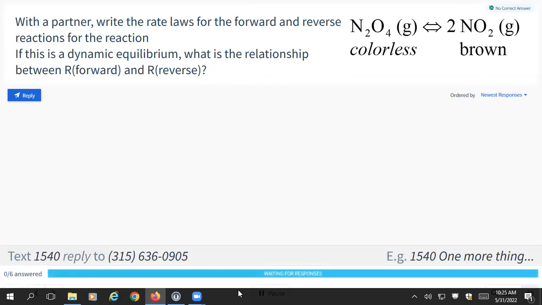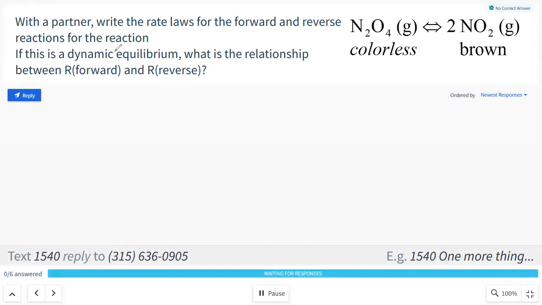So here's what I want you to do. We just established two different reactions in the previous slide: the conversion of N2O4 to NO2 and the conversion of NO2 to N2O4.